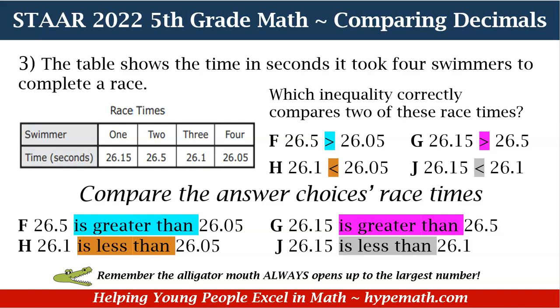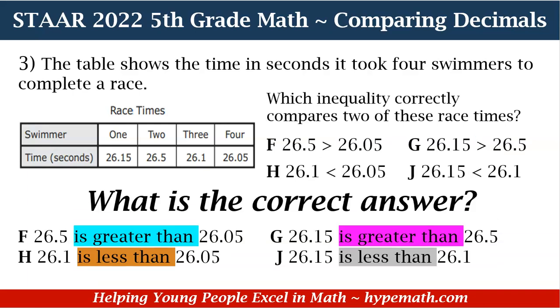H, 26 and 1/10 is less than 26 and 5/100. Or J, 26 and 15/100 is less than 26 and 1/10. Which one is true? And if you notice, we color-coded the inequality sign along with the words just so it can make it easier for us, okay?